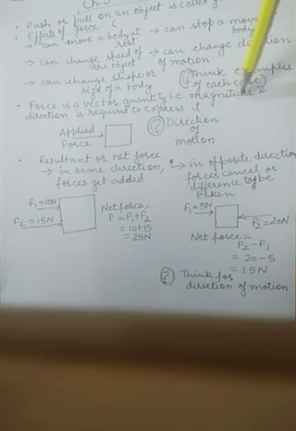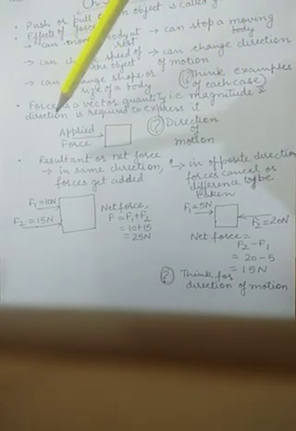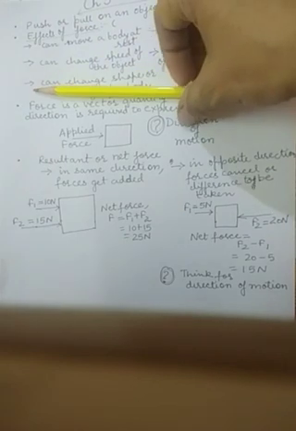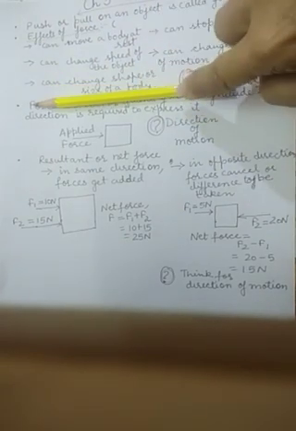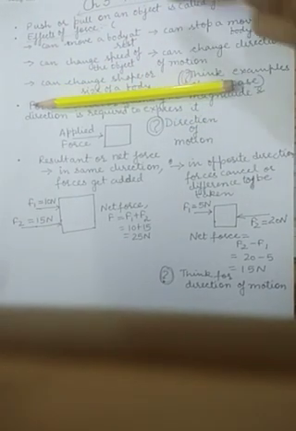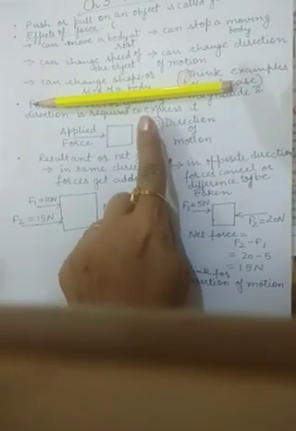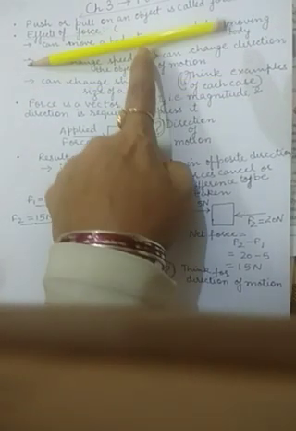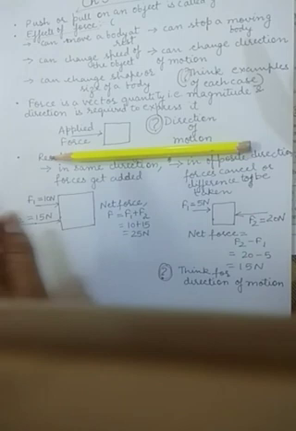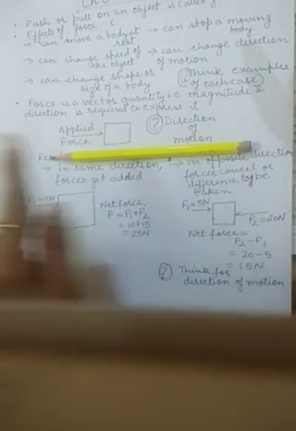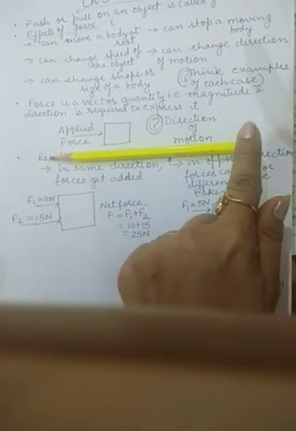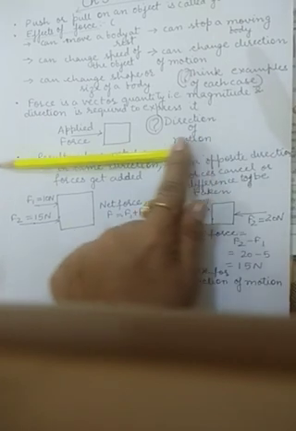Now while exerting the force, I also have to think about direction. Like I told you to move this pencil in the upward direction. Where should I apply the force? The force will be applied from the downward direction. Then only the object will be moved upward. Yes, if I told you to shift this pencil towards the left side, for shifting it to the left side, I have to push the pencil from this side to that side.